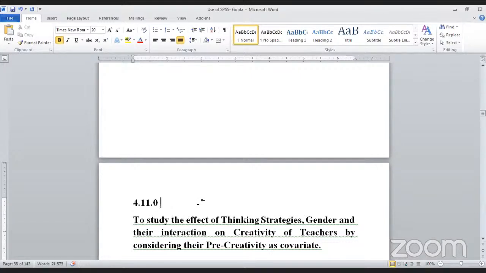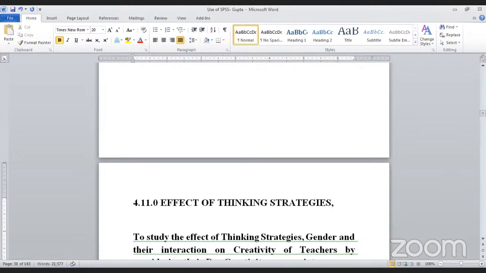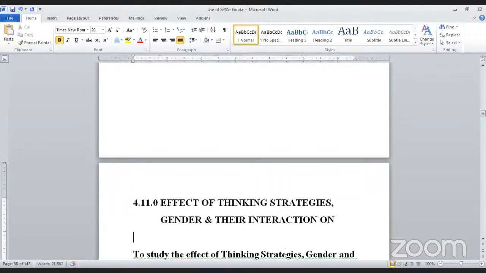And the caption heading will be effect of thinking strategies, gender, and their interaction on creativity of teachers by, you can use the word considering or you can use the word taking.